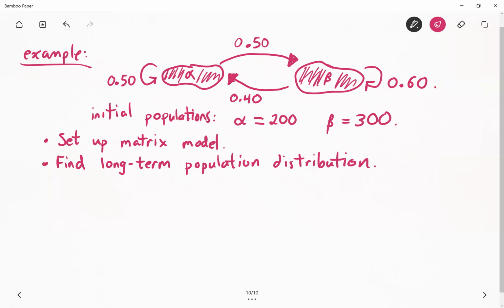All right, so first, let's set up the model. The equation for the population at time t is going to be some matrix M times the population during the previous year, t minus 1. Remember we're going from and to.